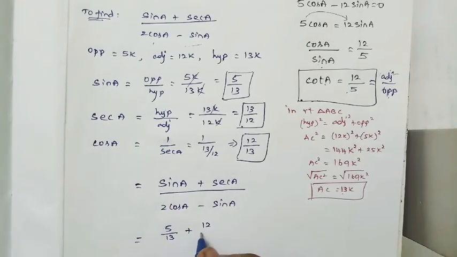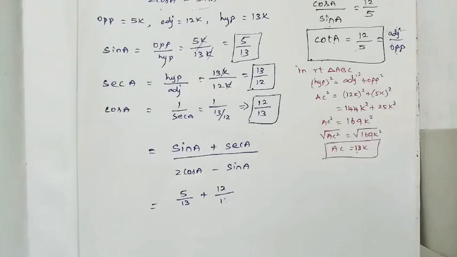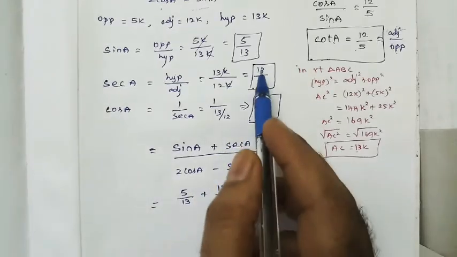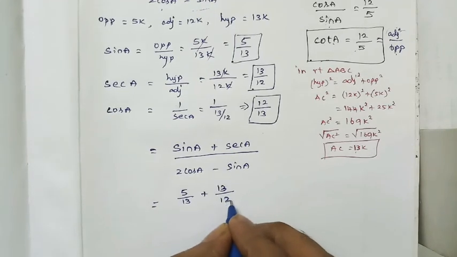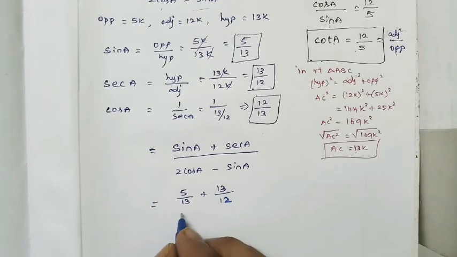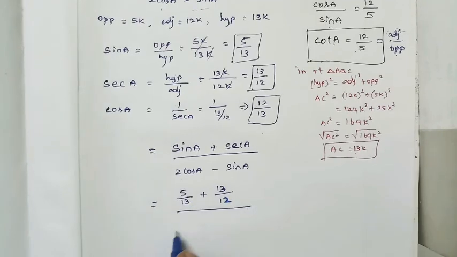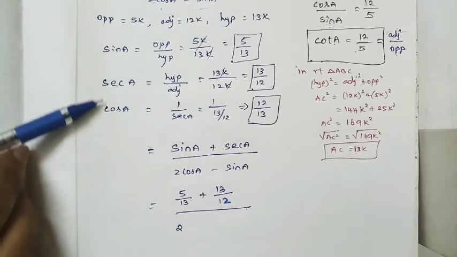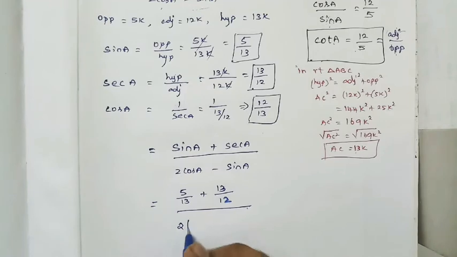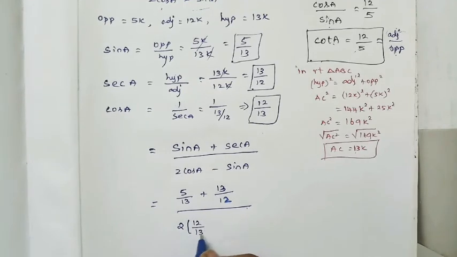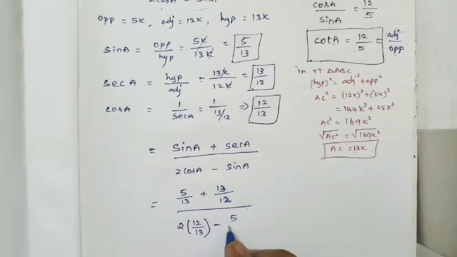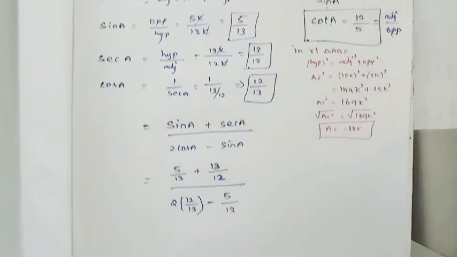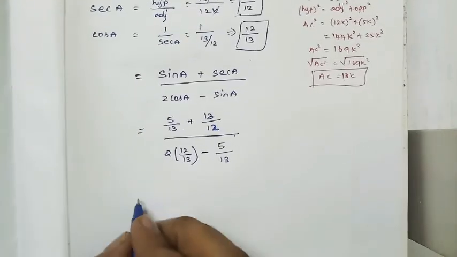Sorry, sec A is equal to 13 by 12, 13 divided by 12. I have written it wrongly. Divided by 2 times cos A. What is the value of cos A? 12 by 13. 12 divided by 13 minus sin A, 5 divided by 13.